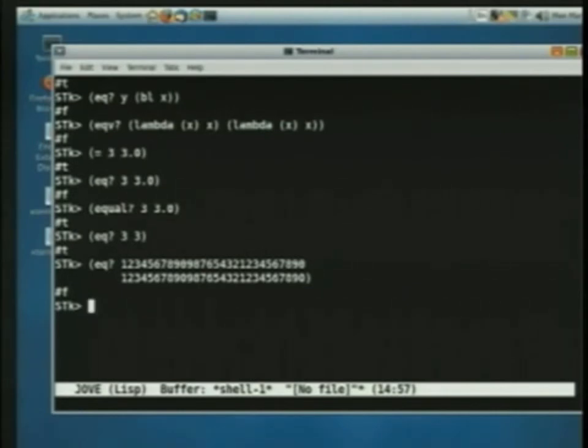Small integers are EQ in STK. Bigger integers, bigger meaning more than 4 billion, aren't. And that's just an implementation detail. So you're not supposed to rely on EQ for numbers. You're supposed to use equal sign. Equal sign will be true for those numbers because it actually takes the trouble to look through the complicated data structure that a large integer requires.